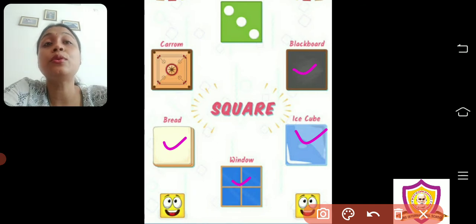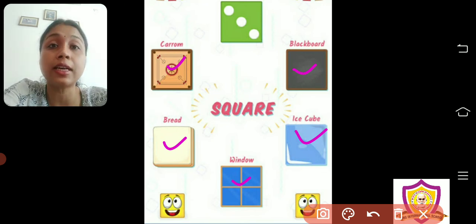Now come to carom board. I think everyone knows what carom is. It's a board game, right? Its board is square shape. And those who are not aware, kindly ask Mama. She will show you a carom board, and when you see the carom board, you will see it has 4 sides and all sides are equal.